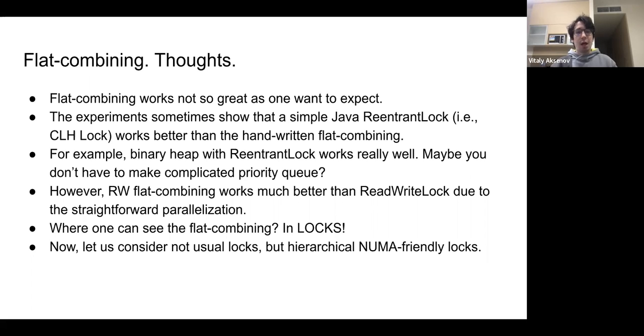But if, for example, we take a binary heap for a priority queue, I'm talking about an exact priority queue, not the relaxed priority queues where the elements taken are not the smallest one. In the exact priority queues, when you take an element from the queue, it is indeed the smallest one.